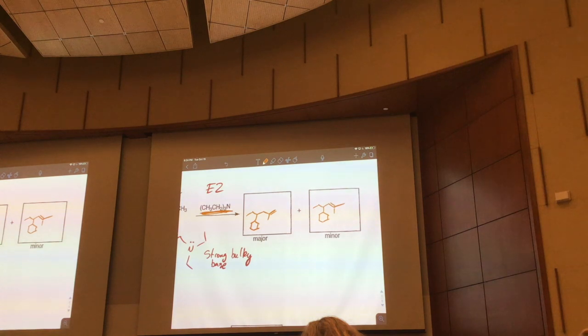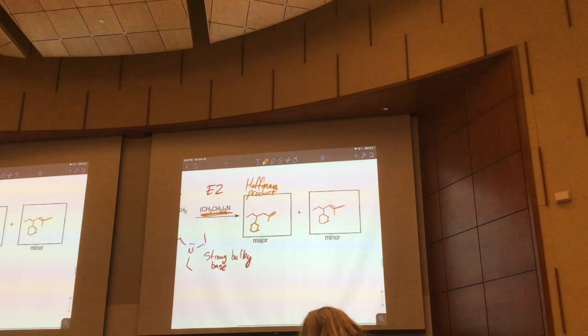I'm not sure whether this would come up in the exam or not. It may, so I'll go ahead and do it. This is called the Hofmann product. So Zaitsev's rule says that you go with the more substituted alkene. I probably butchered that. Is it Z-A-I-T-Z-E-V? That seems right.